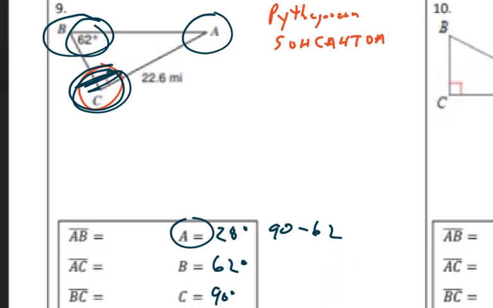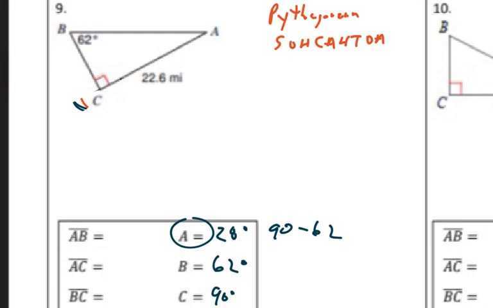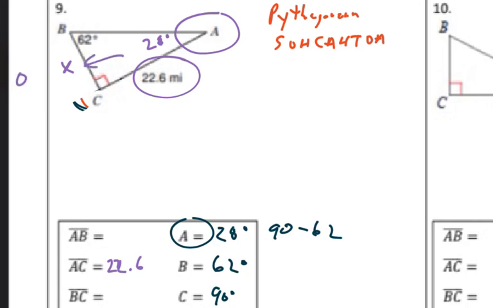Now we're told right here, let's clean this up a little bit, that our side AC is 22.6. So what I'm going to do is find BC over here. I'm going to call it little x. All right, and notice that if I use angle A, which we know is 28 degrees, see how x is opposite of 28 degrees, and this 22.6 is adjacent.